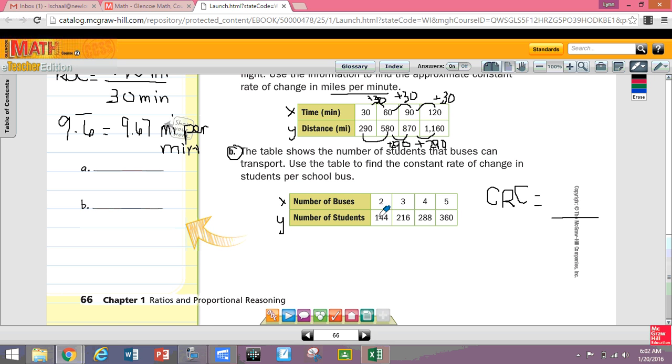So my change in y, 144 to 216, 216 to 288, 288 to 360, you need to subtract. 360 minus 288, you get 72. 288 minus 216, you get 72. 216 minus 144, you get 72.